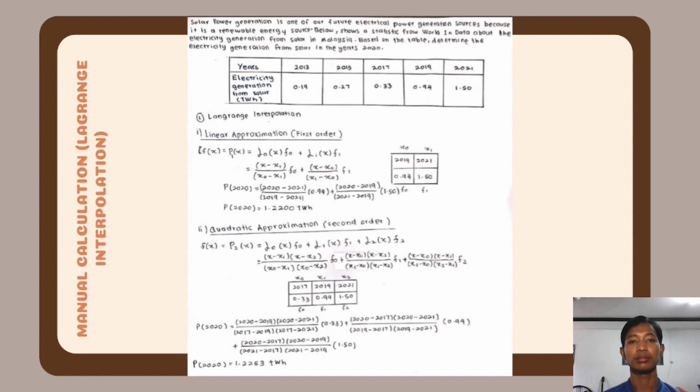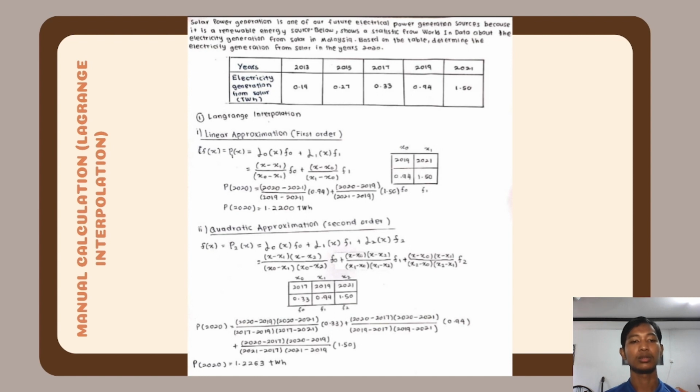Based on the table, determine the electricity generation from solar in 2020. As you can see, the table does not state the electricity generation from solar in 2020. So we choose to use Lagrange interpolation to solve this problem.